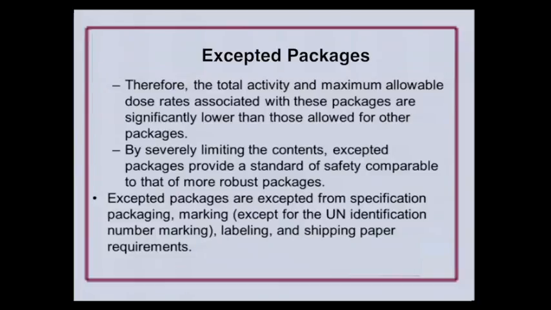Once you've identified the proper shipping name, there is a unique United Nations identifier number that's given to it. There are specific, very distinct markings that are required, as well as labeling, and some very strict shipping paper requirements. But all of those are waived for an accepted package. Except, as you can see, the UN identification number, that's still required.